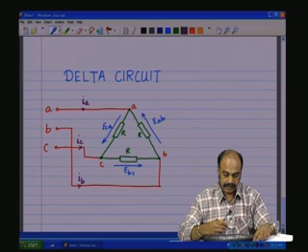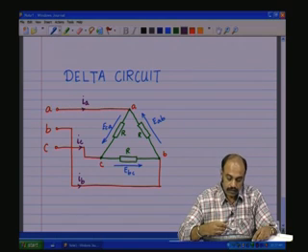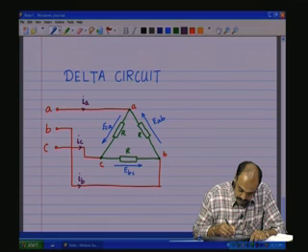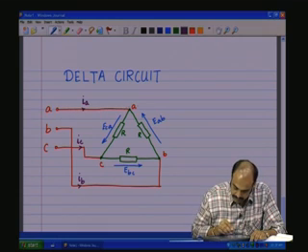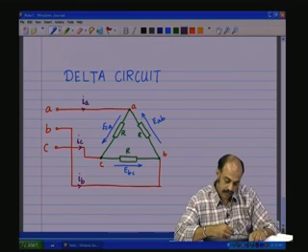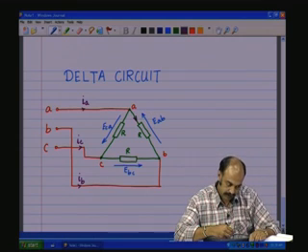So, keep that in mind, and let us say that there is a line current A to B in this direction.